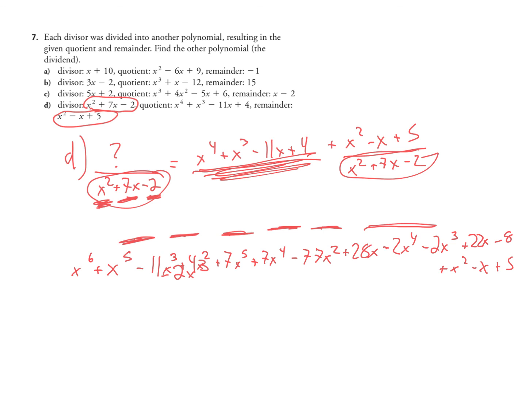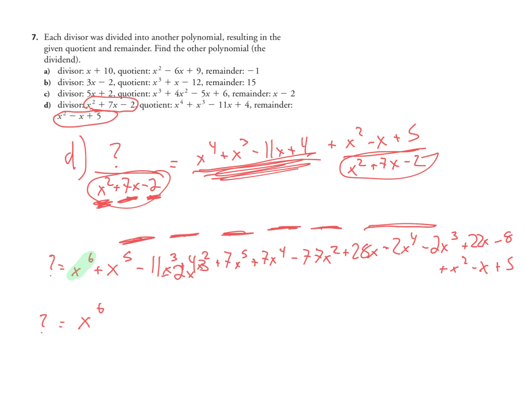And so this is equal to, looks like an x to the 6. Here, I'm going to do that in a different color. I just want to make sure that I don't miss anything. So you got my x to the 6. You got x to the 5.